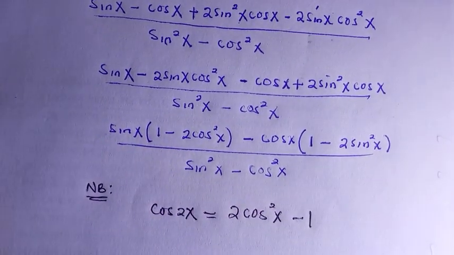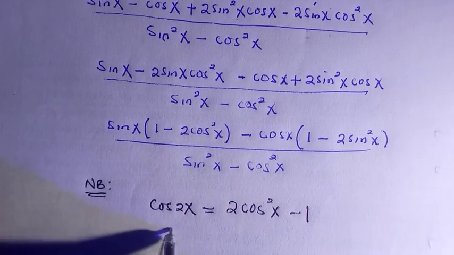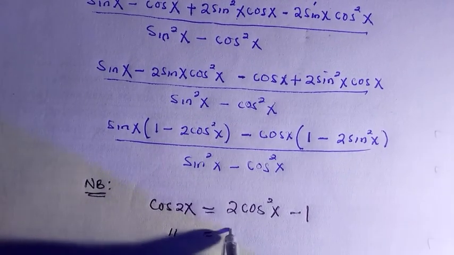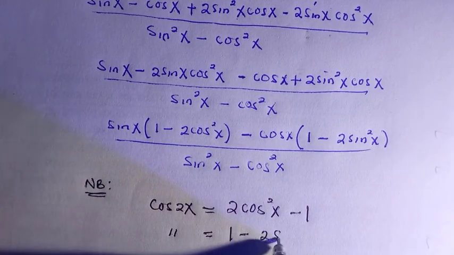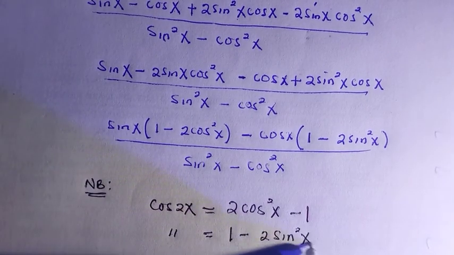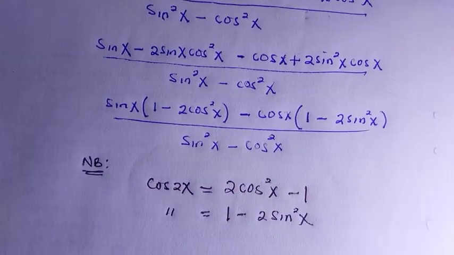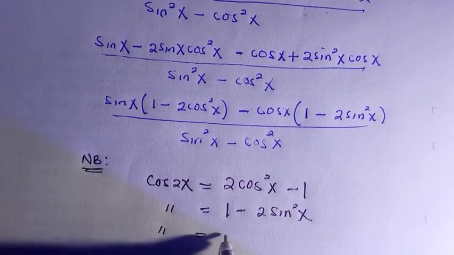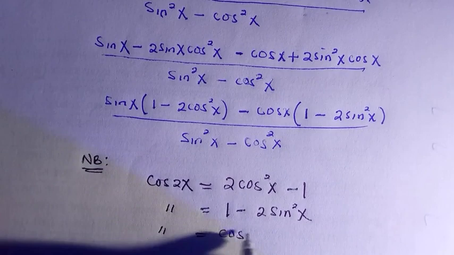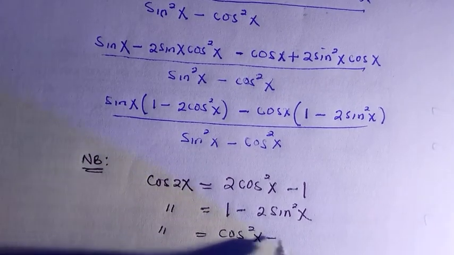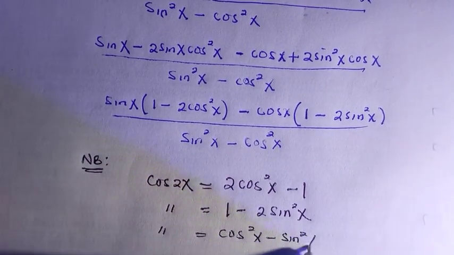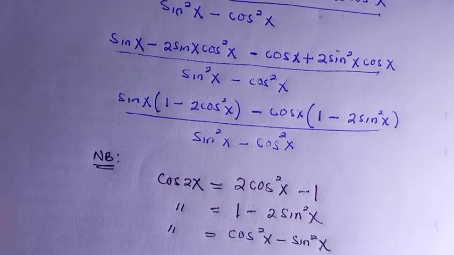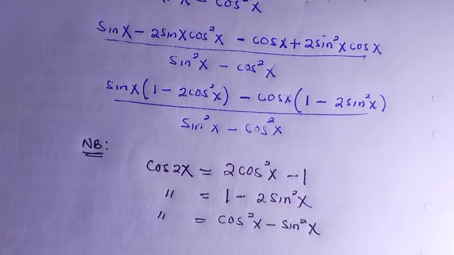This can also be 1 minus 2 sine square x, while the last one is going to be cos square x minus sine square x. All these I'm going to apply in the last line I stop.